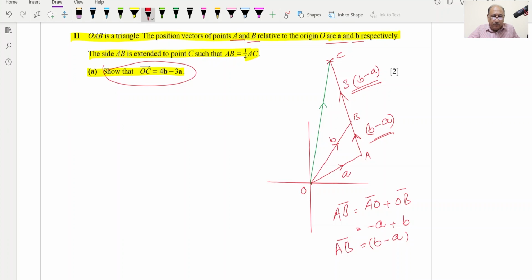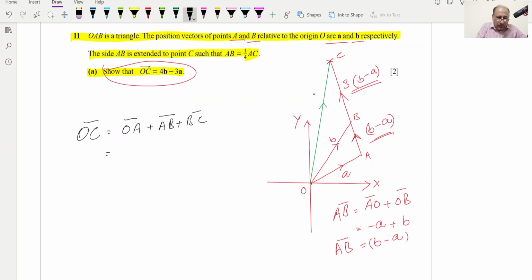Directions are very important in vector questions, and this is the x-axis and this is the y-axis, with the origin here. Now we can write the OC vector. OC will be equal to OA plus AB plus BC, taking this route.